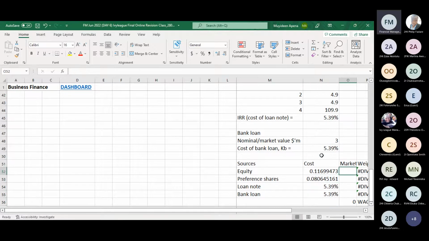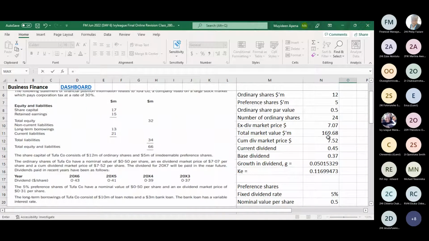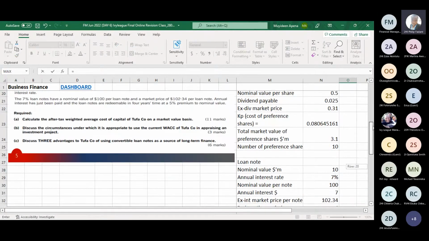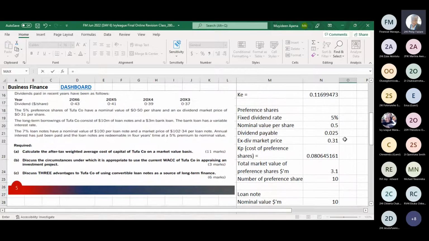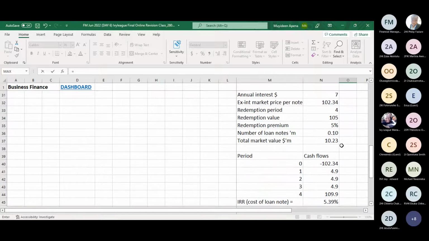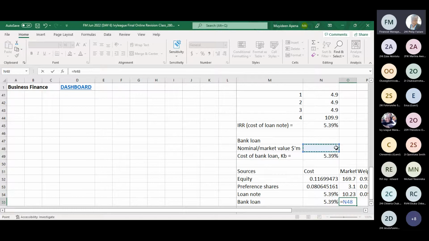And the market value for equity, 169.68. For preference shares, 3.1. For loan notes, 10.23. For bank loan, 3 million.